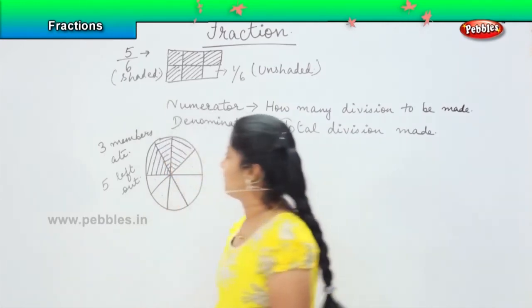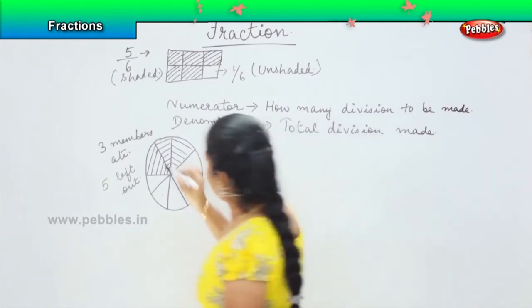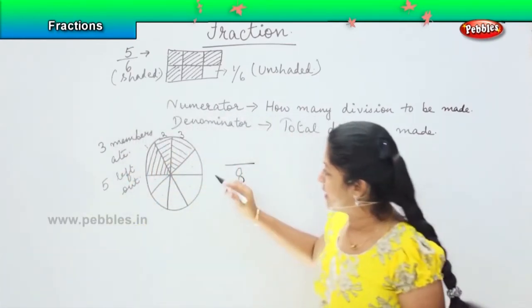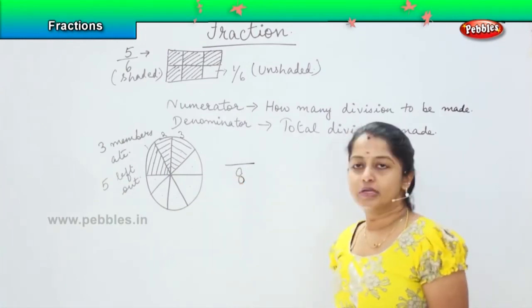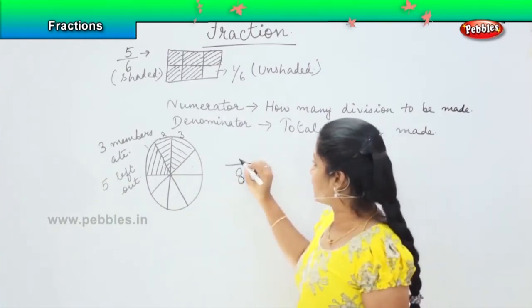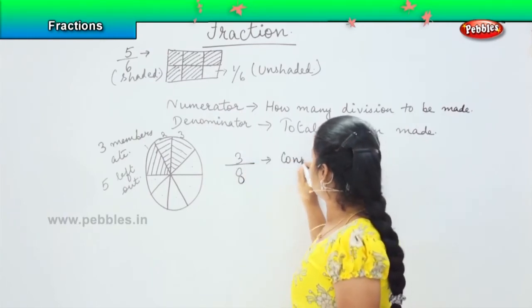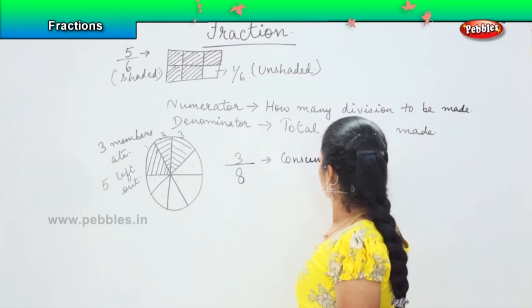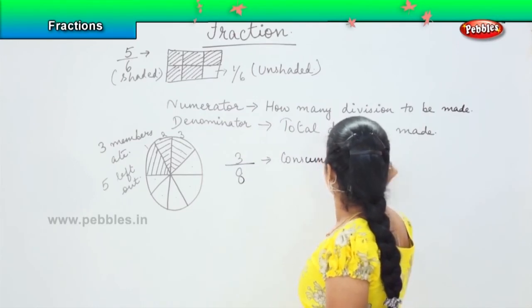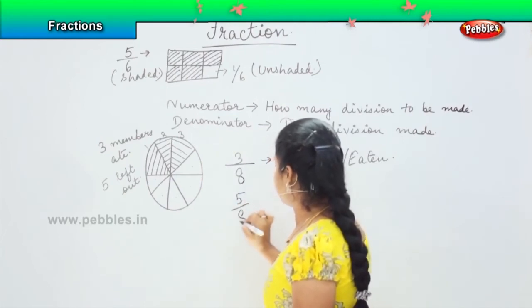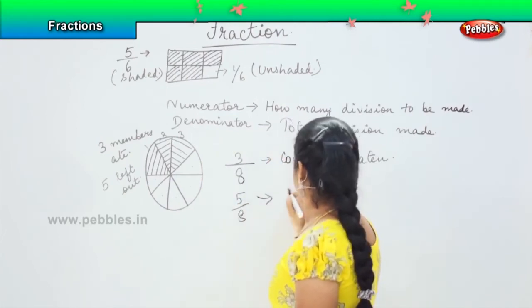Okay, so 3 portions have been eaten by 3 of the people and the 5 portions are left out. So I can say that 3 by 8 is consumed or eaten, okay, and 5 by 8 is left out.